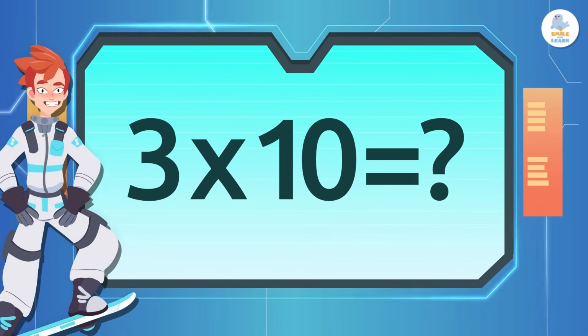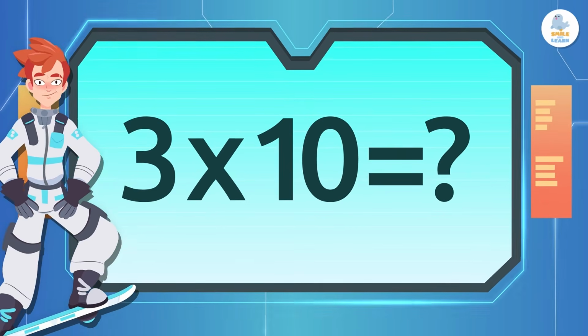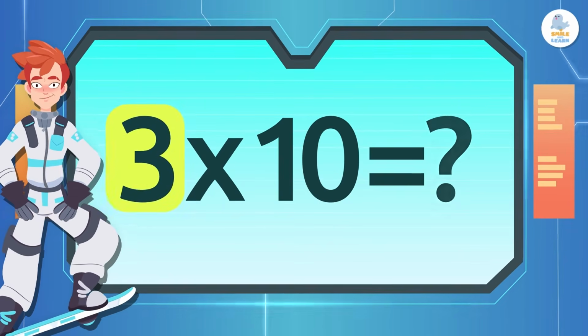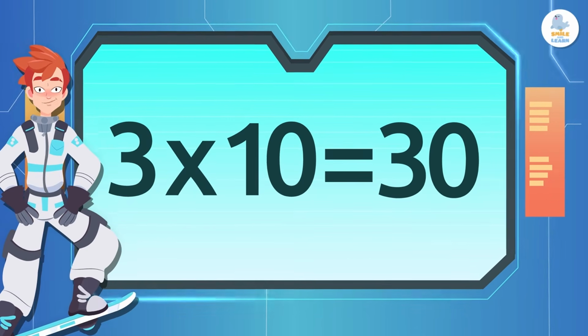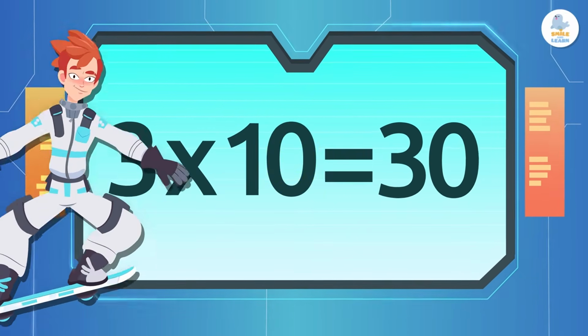We can do traditional multiplication, which takes longer, or we can use our trick. It's very simple. We start by putting the number 3 and then adding a 0, since 10 has only one 0. Easy, right?